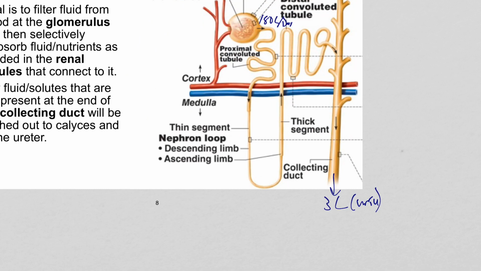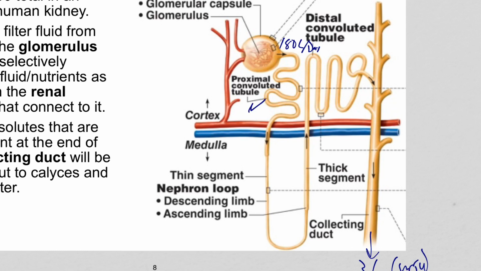That collecting duct would drop out of the bottom of the renal pyramid, effectively into a minor calyx. So the other 177 are being drawn back out of the renal tubule all along the way, right, and out of the collecting duct too, in some cases. All of that reabsorption is eventually taking fluid back into the renal vein, so you can keep your blood volume up.